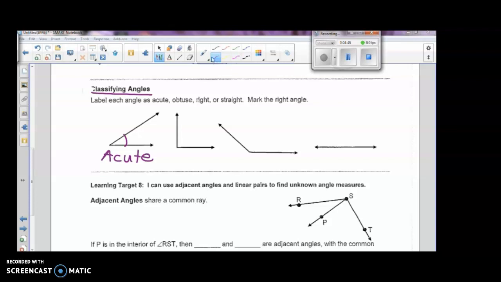Now we also have a right angle. Let me just write down less than 90. Jot that down.